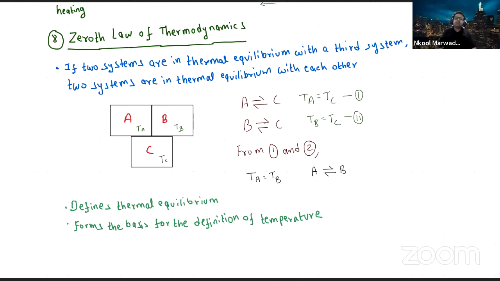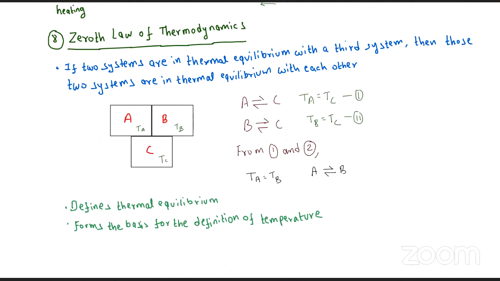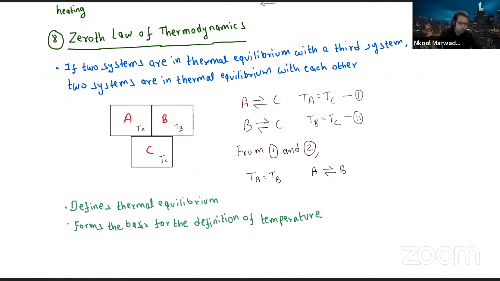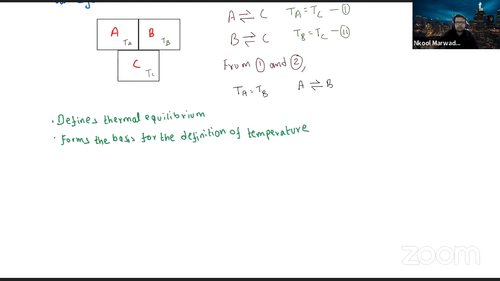It formed the basis for the definition of temperature, and it defines thermal equilibrium. Okay, so we got some idea about this zeroth law of thermodynamics. Now we will look into the next concept, first law of thermodynamics.